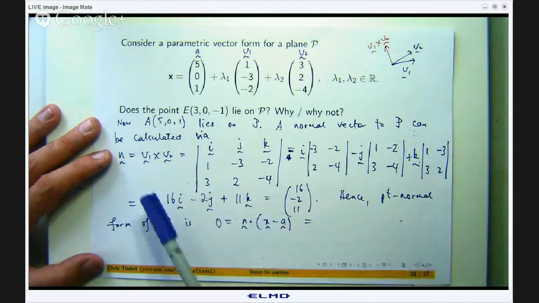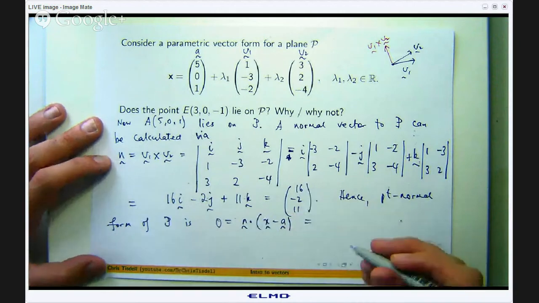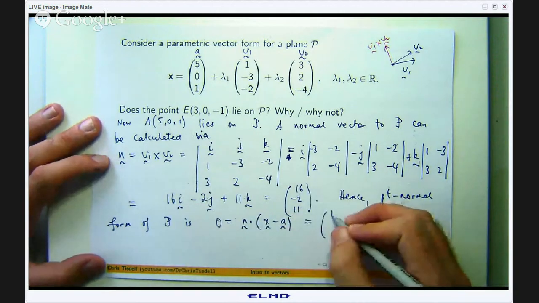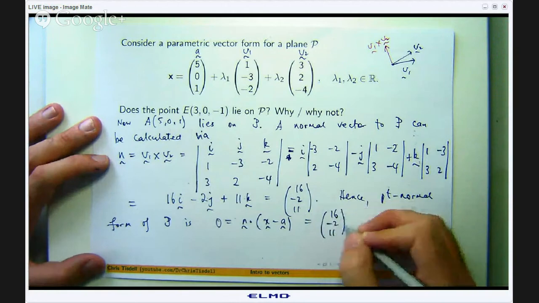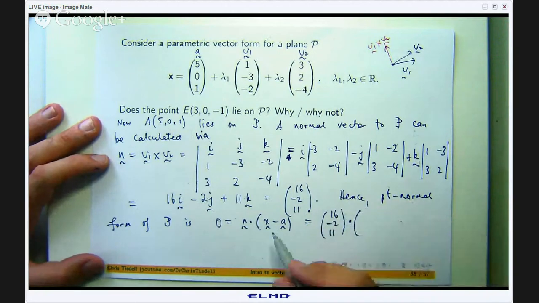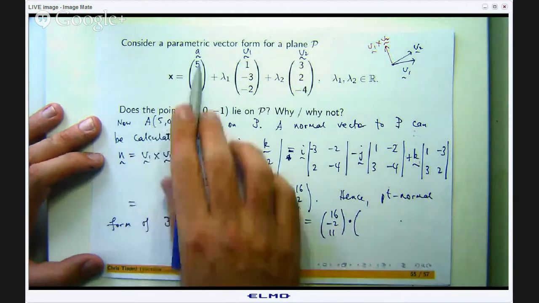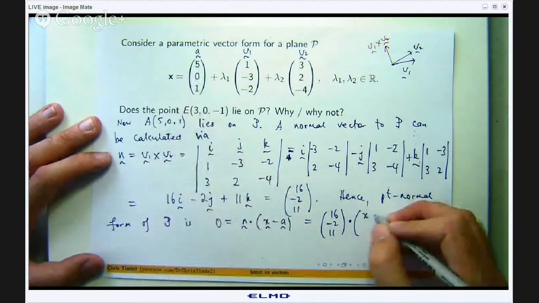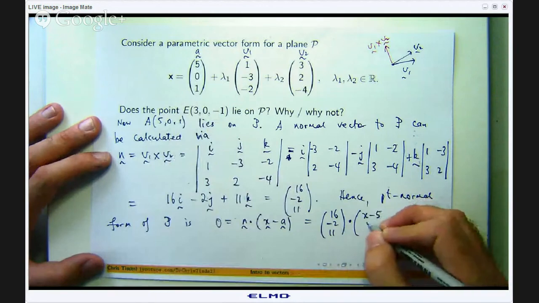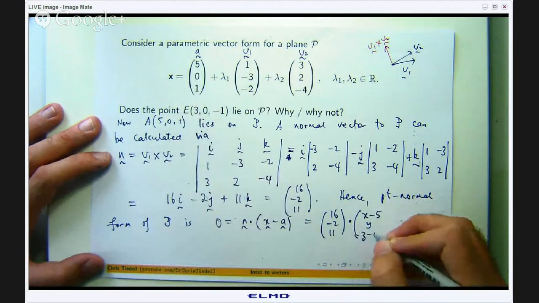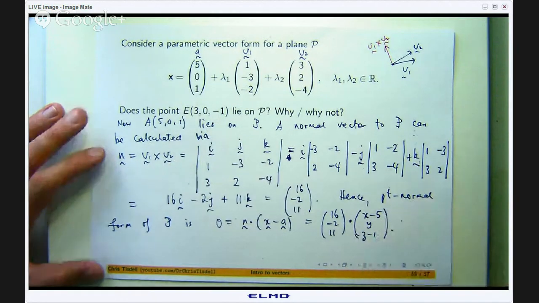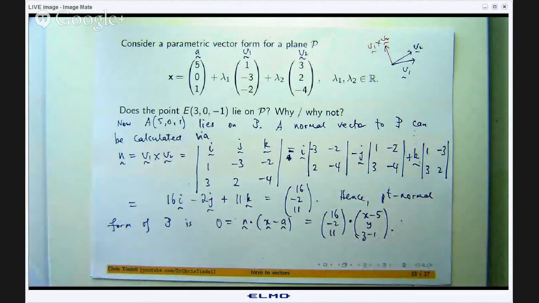In this case, it's this vector here, dotted with the position vector associated with that point. So x minus 5, y minus 0, z minus 1. We still haven't answered the question yet.